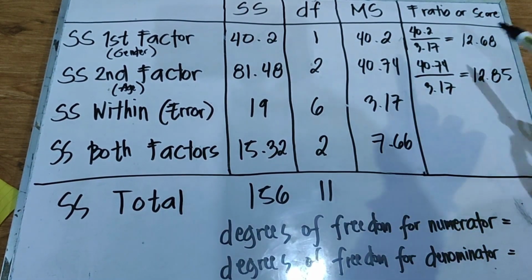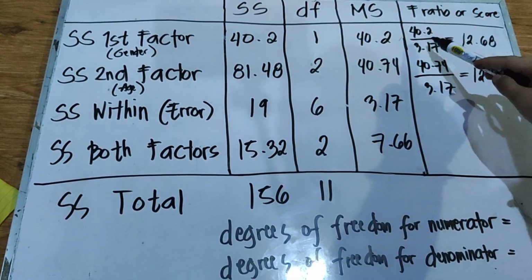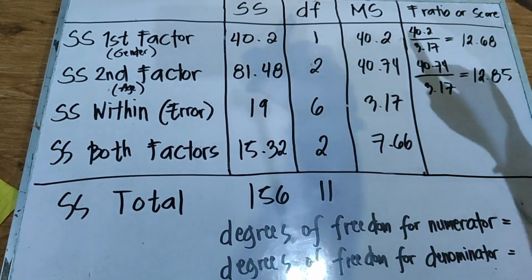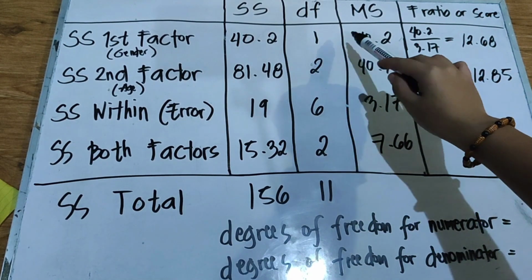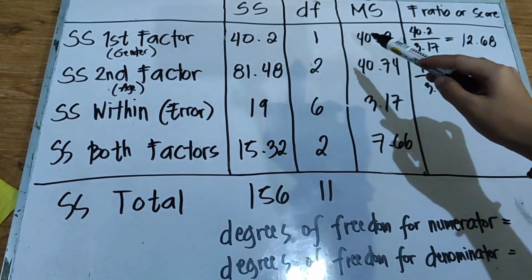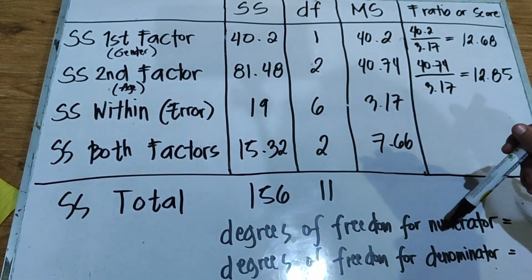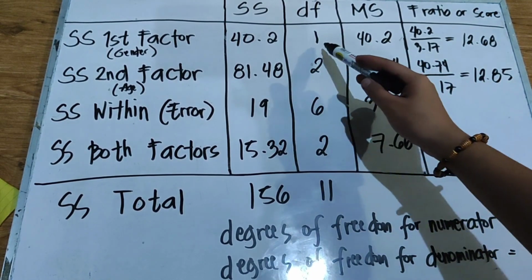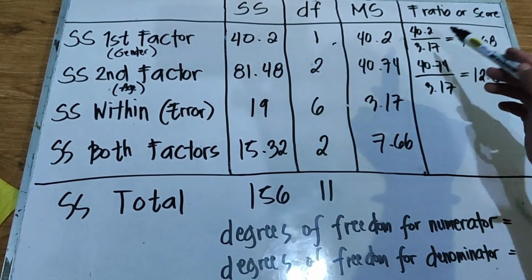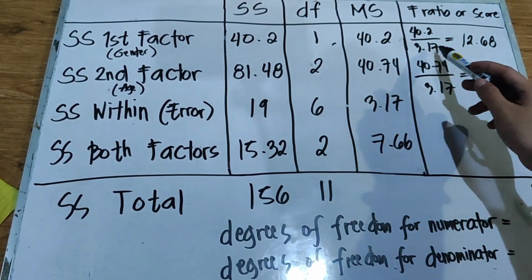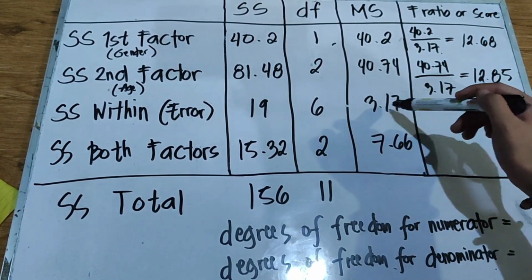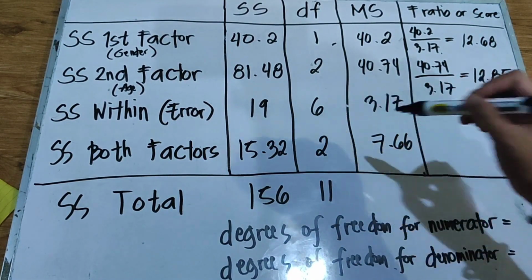Di ba ang kaning 40.2 kay numerator man ni siya. So, since numerator man siya, ang degrees of freedom for numerator kay 1. And then for the denominator, degrees of freedom for denominator, 3.17, which is the within error, is 6.